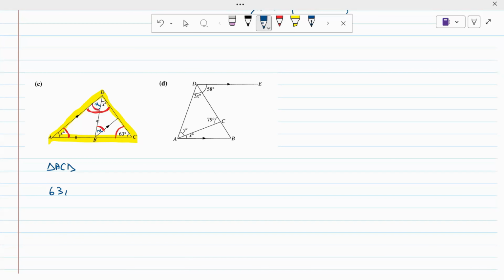So the first equation to be made here would be 63 plus x plus 2x is equal to 180. So 63 plus 3x is equal to 180. 3x is equal to 180 minus 63, that is 117. x is equal to 117 upon 3.